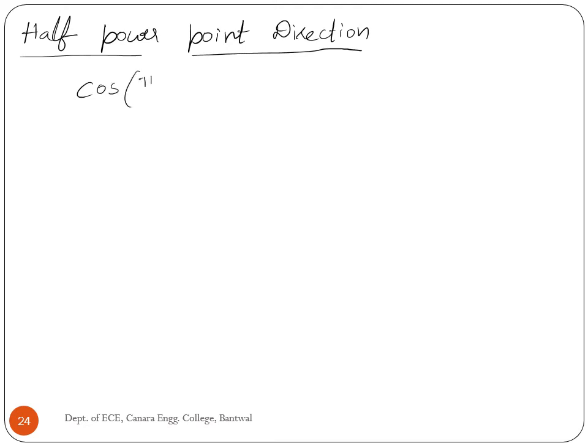Cos of pi by 2 cos phi plus pi by 4 is equal to plus or minus 1 by root 2.